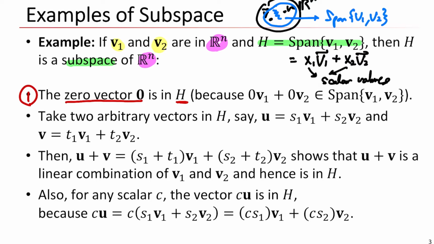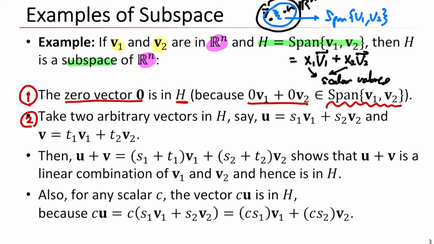The zero vector is 0 times v1 plus 0 times v2. So this is one example in the span of v1 and v2, which means that the zero vector is in the span of v1 and v2, right? Okay, the first property is satisfied. Okay, let's check the second property.